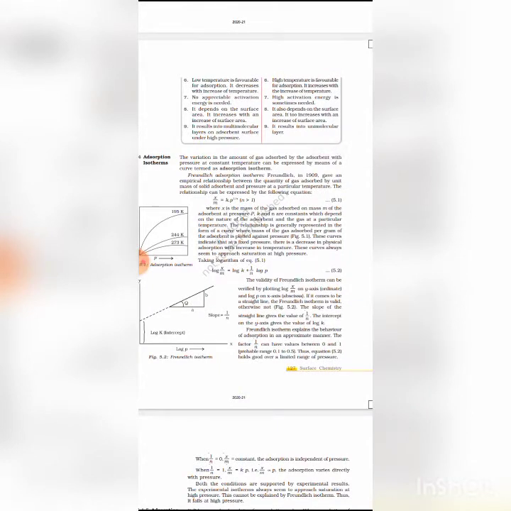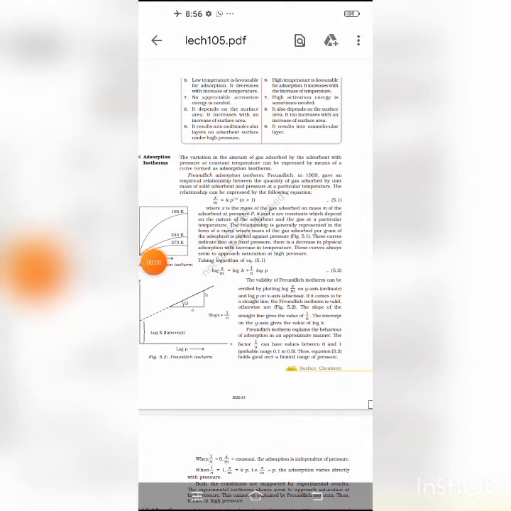Student, when the extent of adsorption, that is x by m, is plotted against pressure at a constant temperature, the curve thus obtained is known as adsorption isotherm.